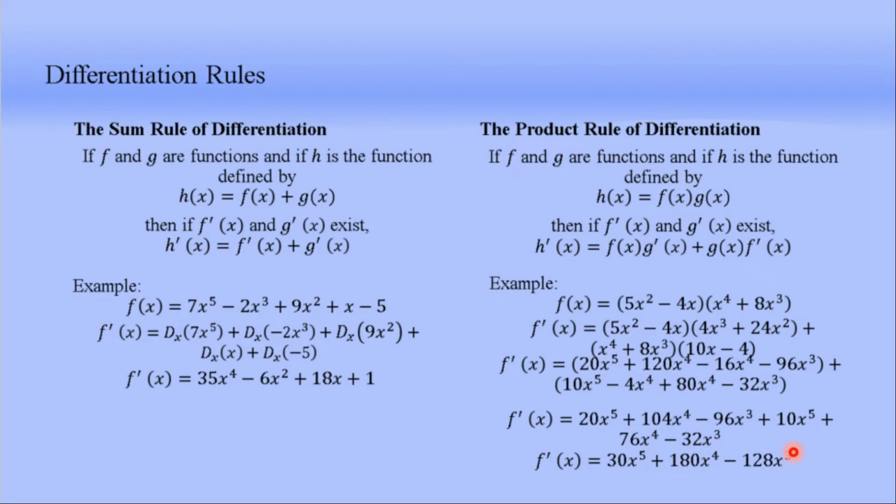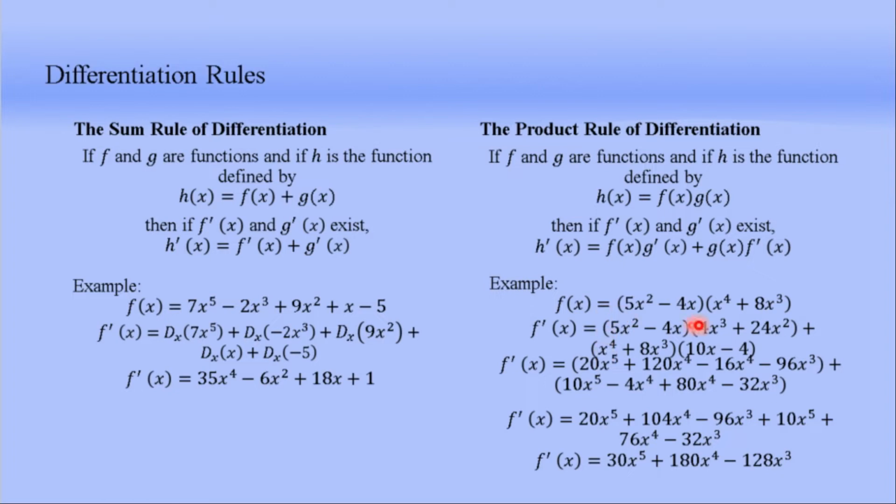So again, product rule, we are going to follow this formula. So write the first function times the derivative of the second function, then plus the second function times the derivative of the first function, and then we're going to combine the like terms, add or subtract, and then remove the parentheses and apply this sign to this function here, and then again combine like terms until we have the final answer.